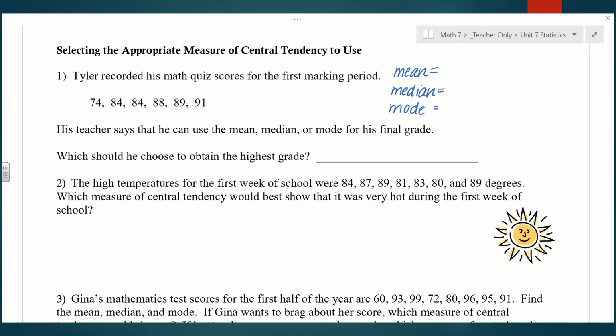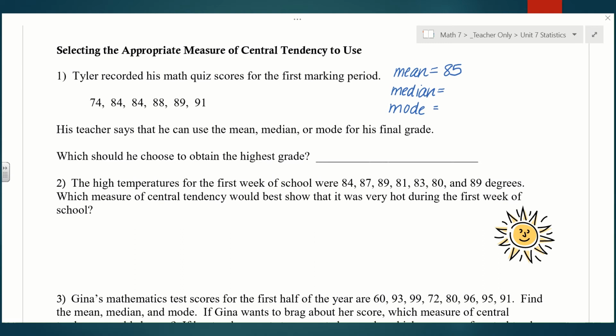So, okay, for the mean, I need to add up all of these numbers. I'm going to let you guys take a second. If you want to pause the video, let's see what you end up getting for the mean. Okay, so based on my calculations, I'm getting 85 for the mean.